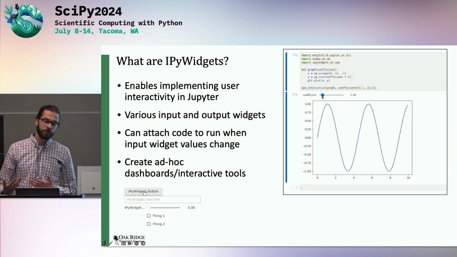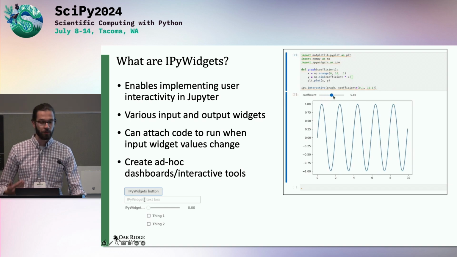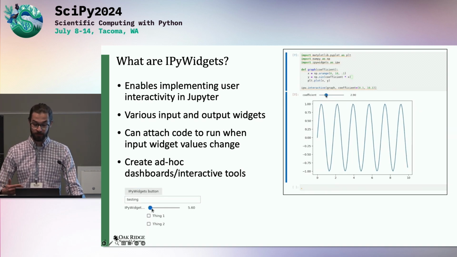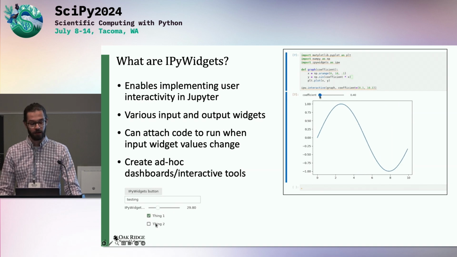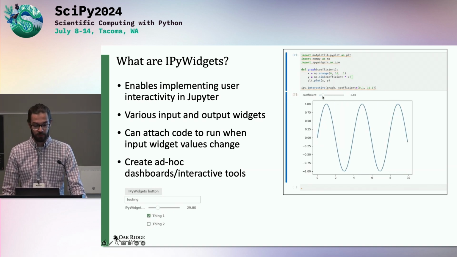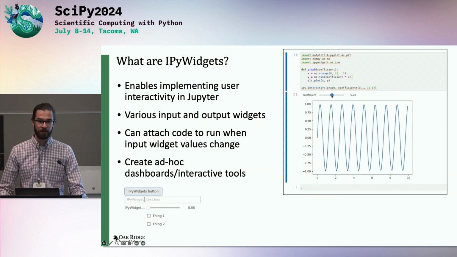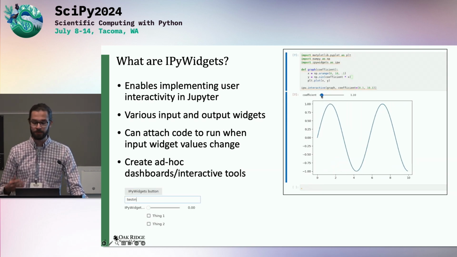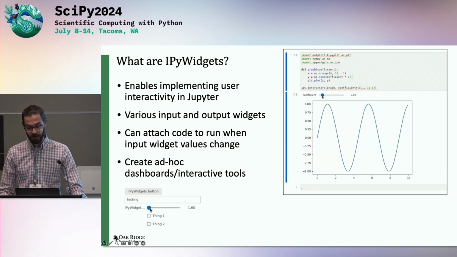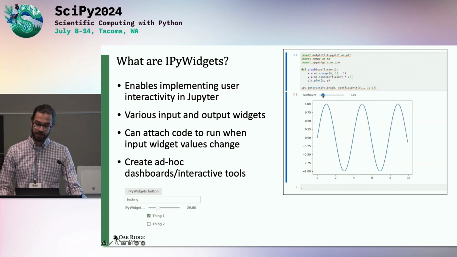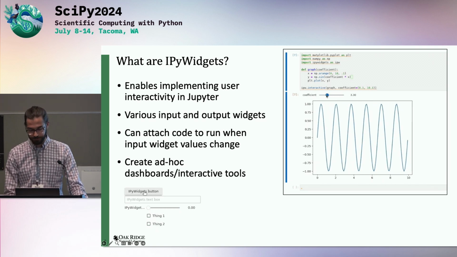This allows you, in your analysis workflow, to create ad hoc interactive analysis tools, dashboards that you can play with in real time, within the same notebook. As a very basic example, on the right here is a function plotting a sine wave in a matplotlib figure. And as we change that slider, that automatically updates the figure that you're seeing.